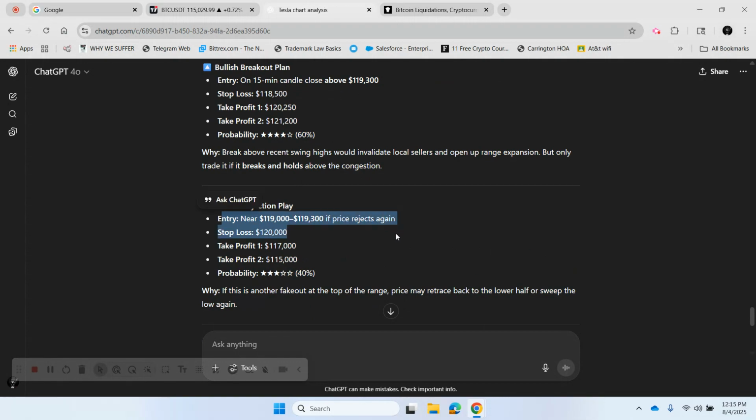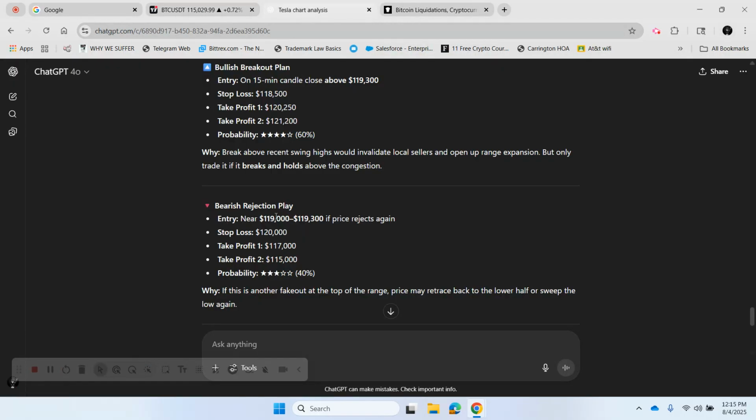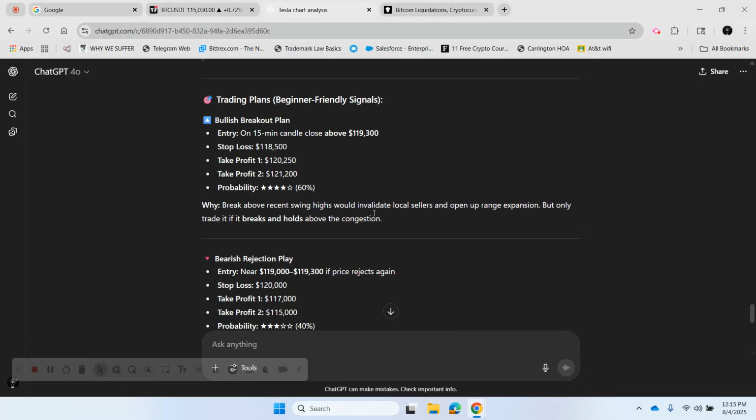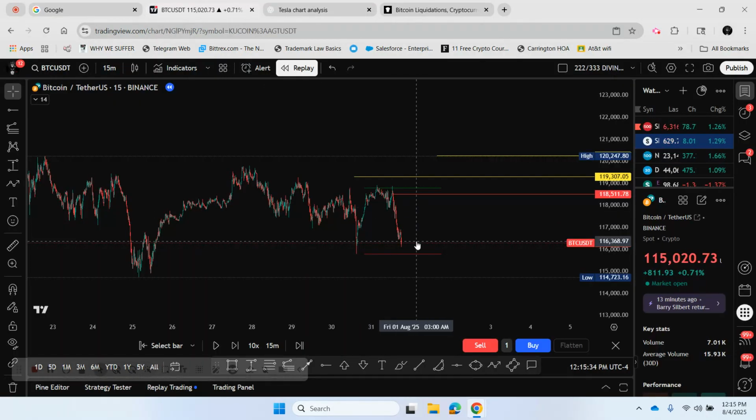If price rejects again, stop loss. I don't even think it went to 119. No, it didn't. So there's nothing there. Let's see. 120. So the bearish didn't play out. This would have been one of those plays where you just don't enter in. It didn't hit any of the criteria.